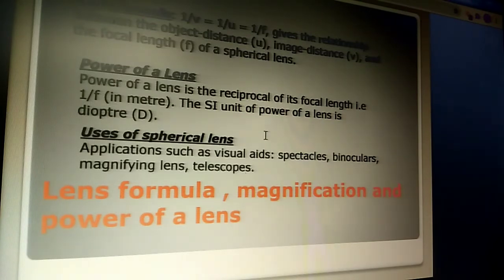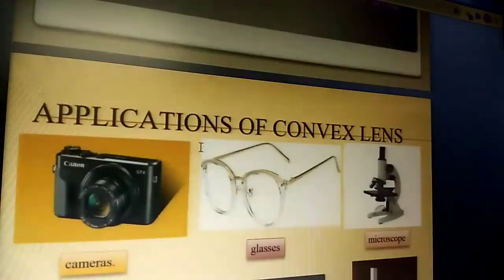Now coming to the applications or uses of lenses. They are usually used in visual aids, that is spectacles, binoculars, magnifying glasses and telescopes.